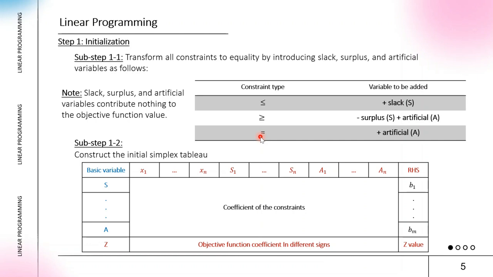The initial basic variable will typically be the slack or artificial variable, one per each constraint.